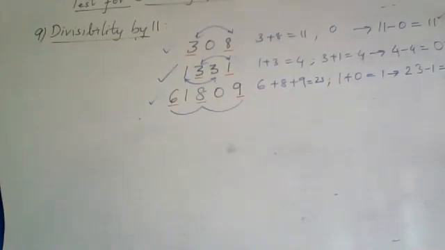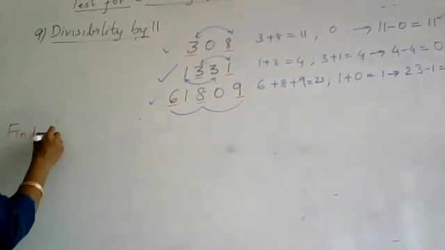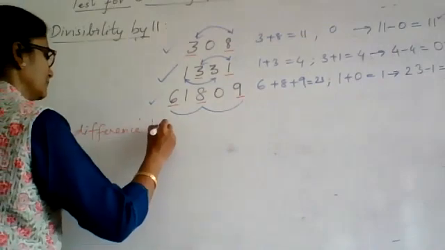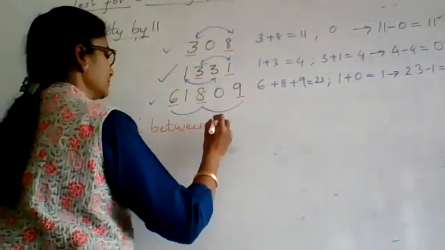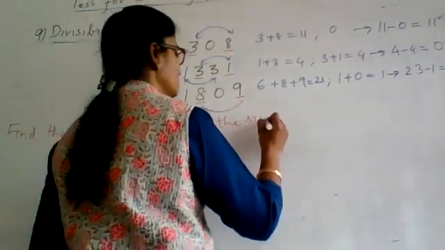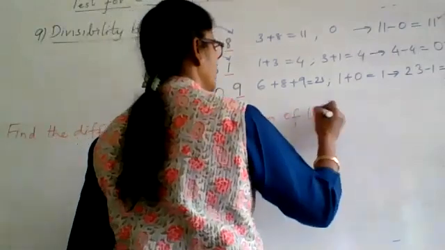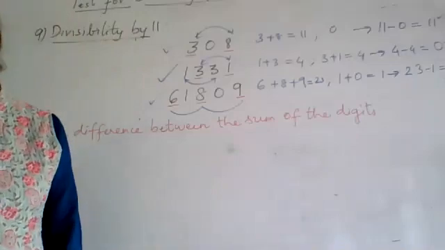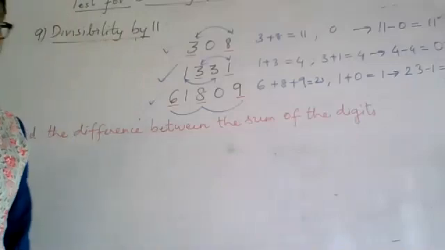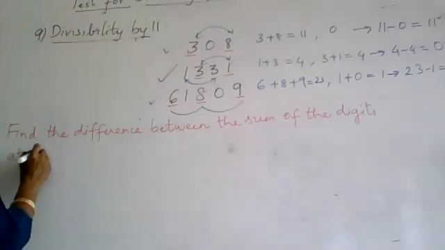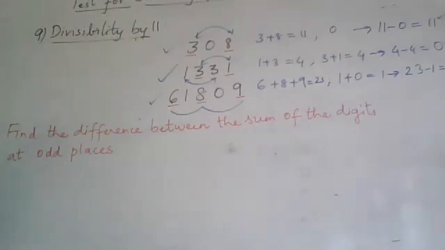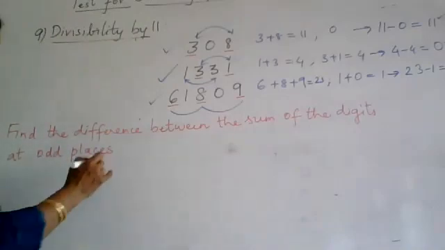Find the difference between the sum of the digits at odd places from the right.